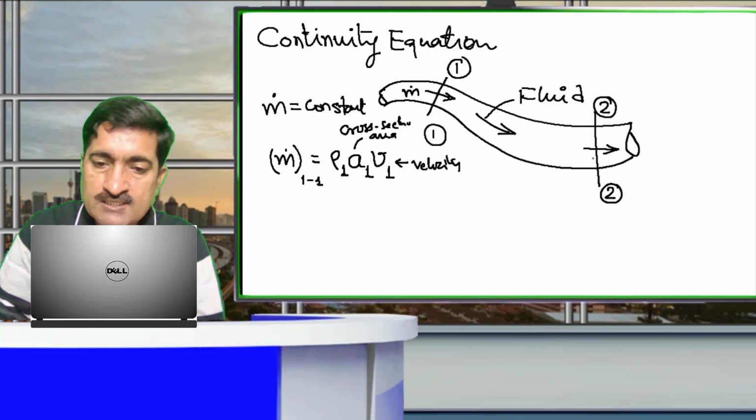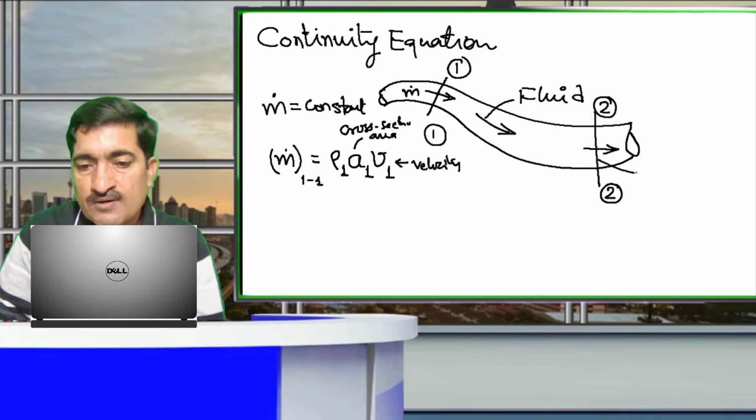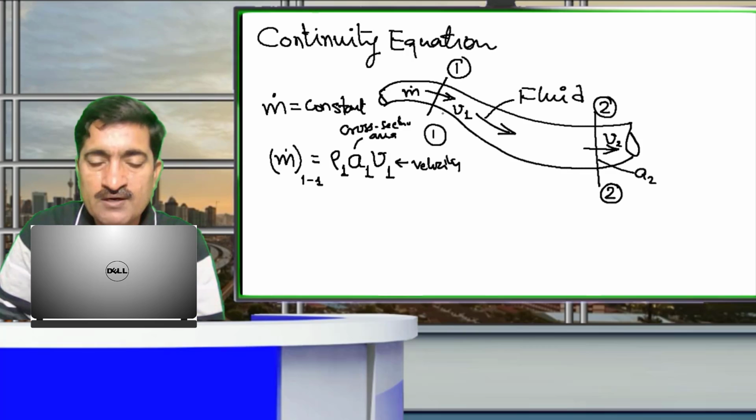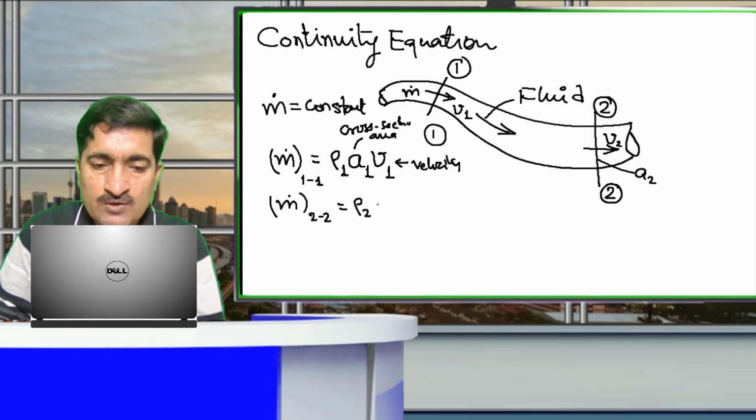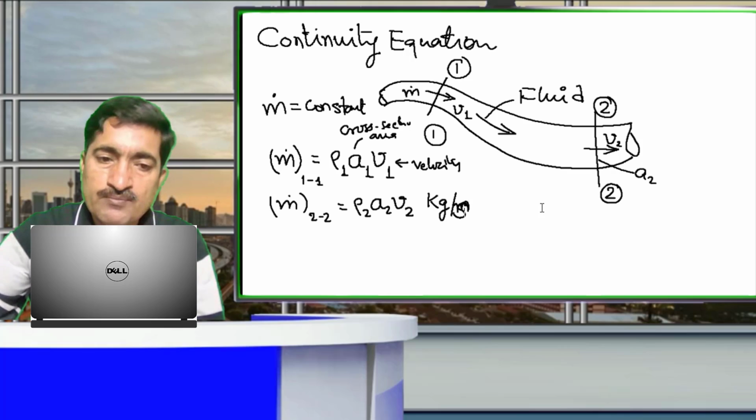Similarly, the cross sectional area at 2 is a2 and the velocity is v2. Now the mass flow rate at section 2 is equal to rho 2 times a2 times v2. This is in kg per second, mass flow per second.